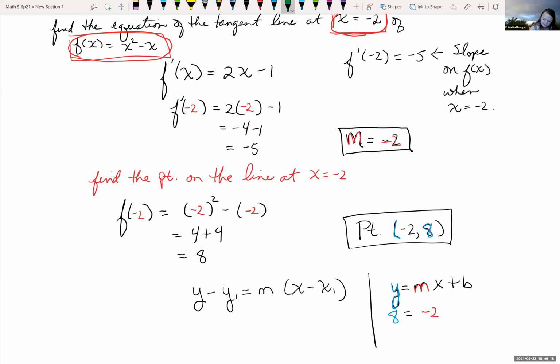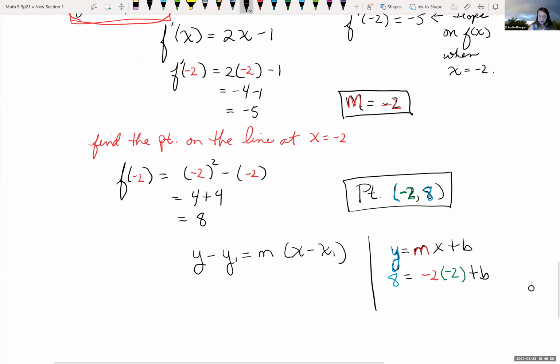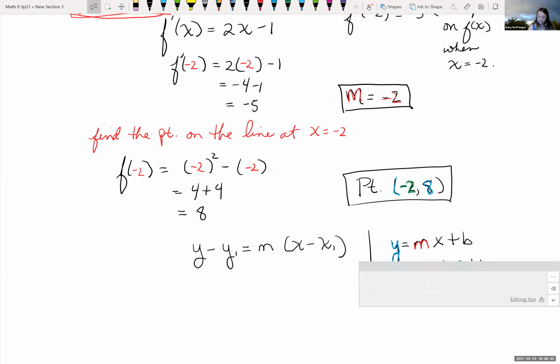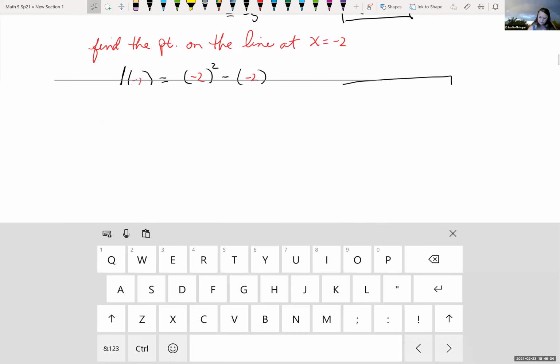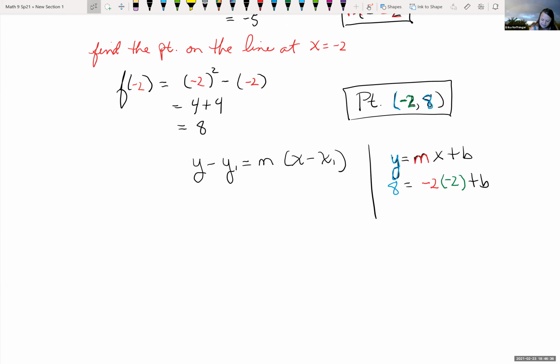So when x is -2, this is -2 plus b. I was using all the variables I knew so I could figure out what b, my y-intercept, was. So I get 8 equals -2 times -2 is 4 plus b.